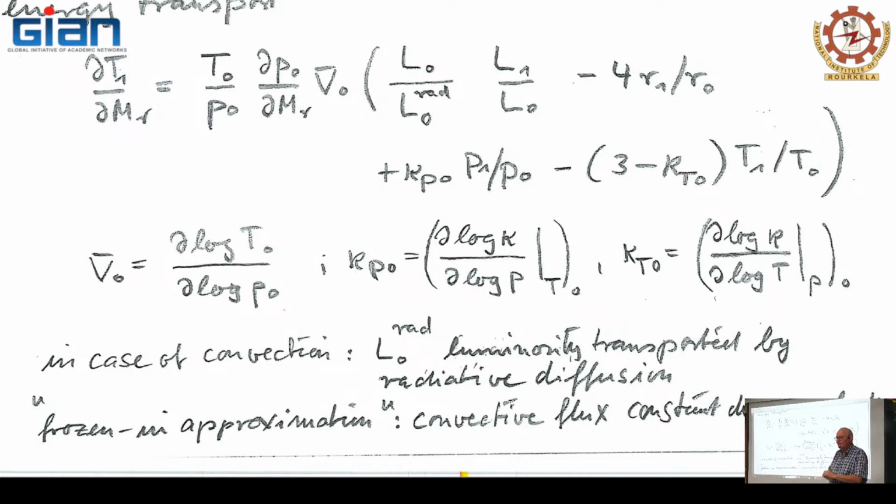Convective plus radiative gives the total luminosity. So you multiply with the ratio of the total luminosity and the radiative luminosity. This is the result of the frozen-in approximation, which assumes that the convective flux is constant during pulsation, or the perturbation of the convective flux is zero.